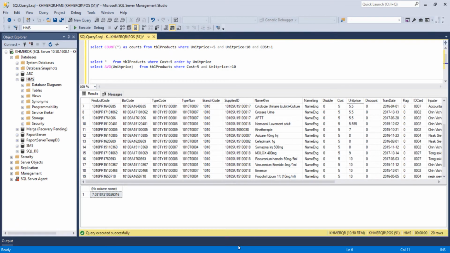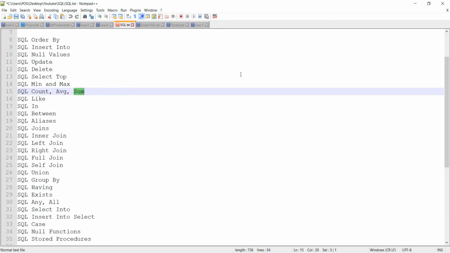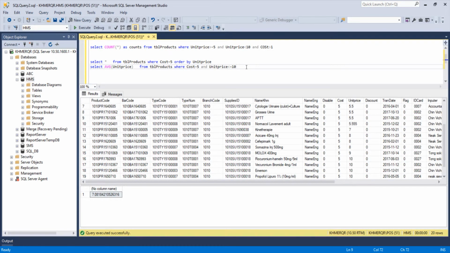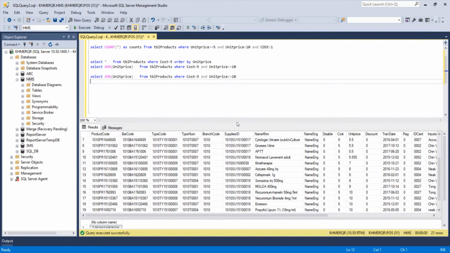The one more is sum. Talking about sum, it is similar to average, and similar to Excel. We find the value between these two.